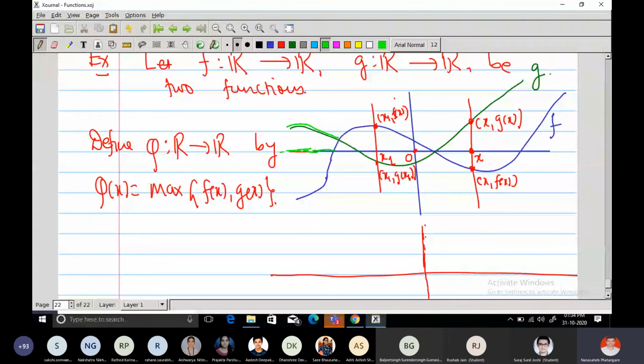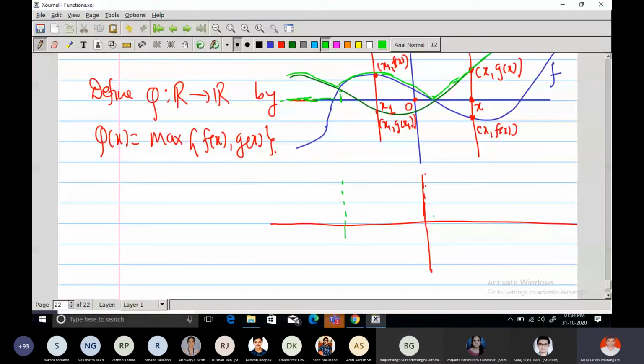Okay, after that, up to this point, right? After that, what is phi(x)? f(x), because f(x) is the maximum till this point. After this, which is the maximum? g(x). Correct? Now, can you see the graph of phi(x)? Is it easy to see the graph of phi(x)?